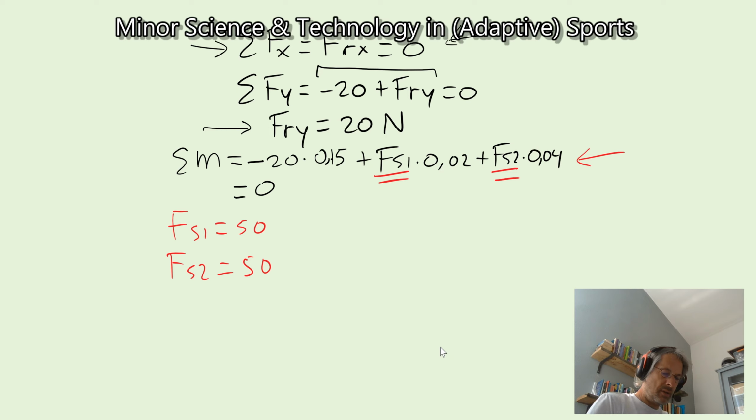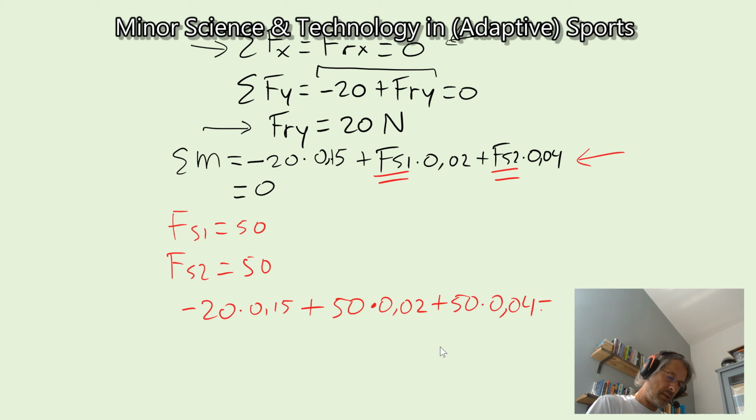And by correct I mean that the left hand side and the right hand side are the same. Okay, so we start by the moment of the force of gravity. Then we substitute 50 for Fs1, multiply by the 2 centimeters, and here we have 50 for Fs2, multiply by 4 centimeters, and that should be 0.